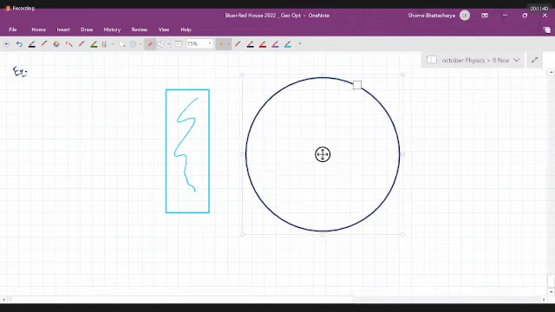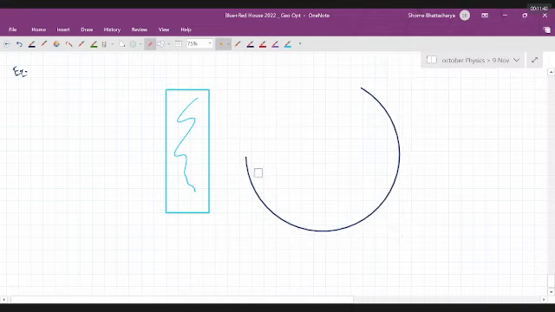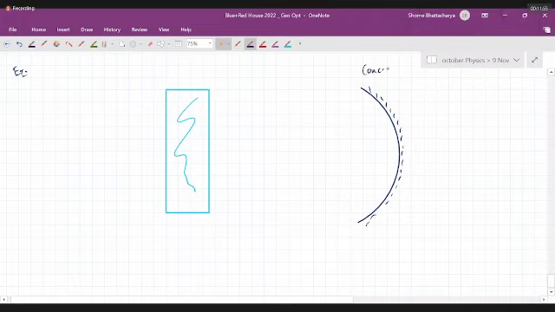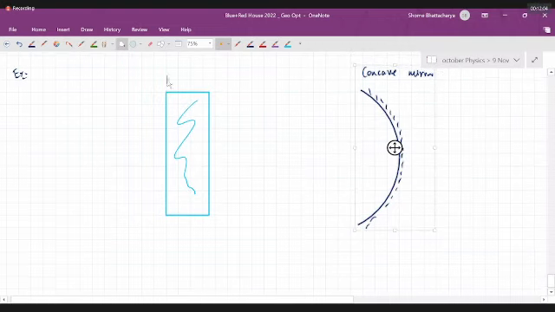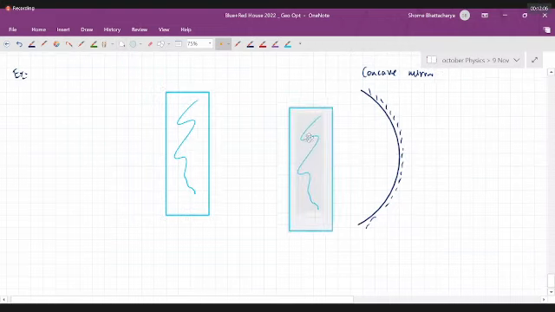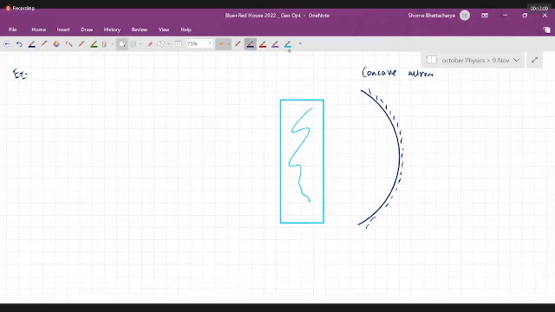So we have a concave mirror. This now. So what we are doing is we are keeping this concave mirror. So this concave mirror has a radius of, let's say, 90 centimeters.